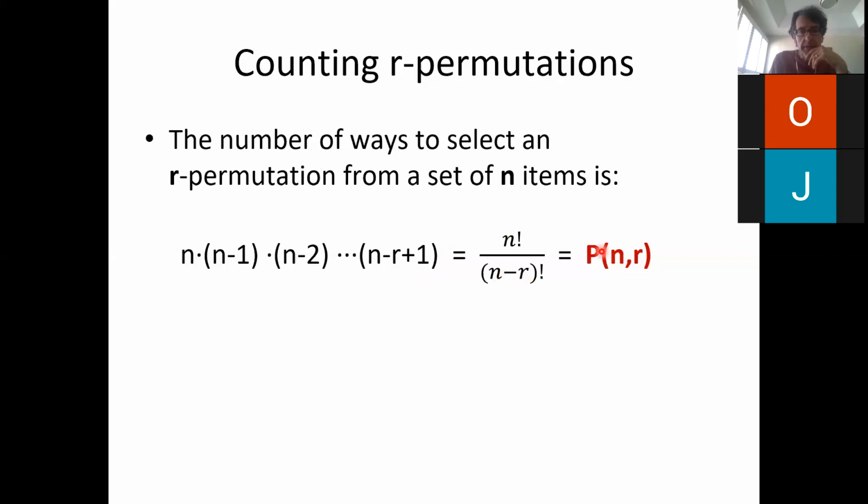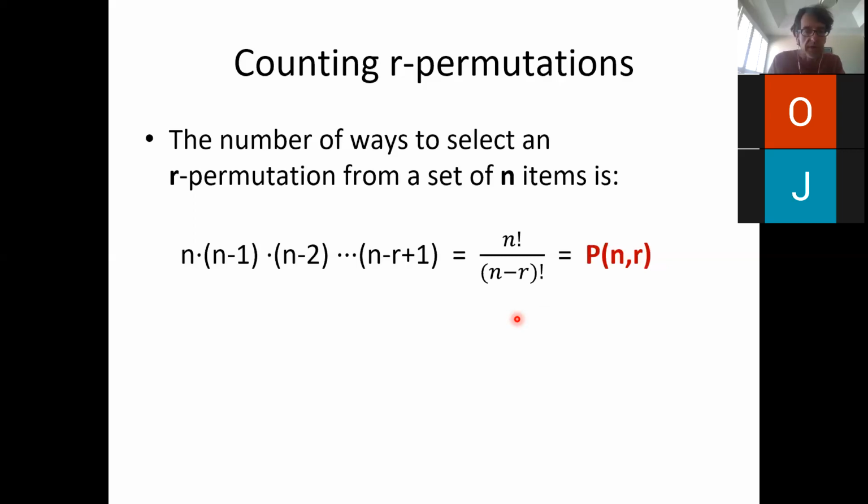There is a special notation for this quantity, and it's denoted this way. It's the number of permutations of a set of n elements, where the permutation is not all of them, it's r of them. Order matters here, yes, because it's a sequence.